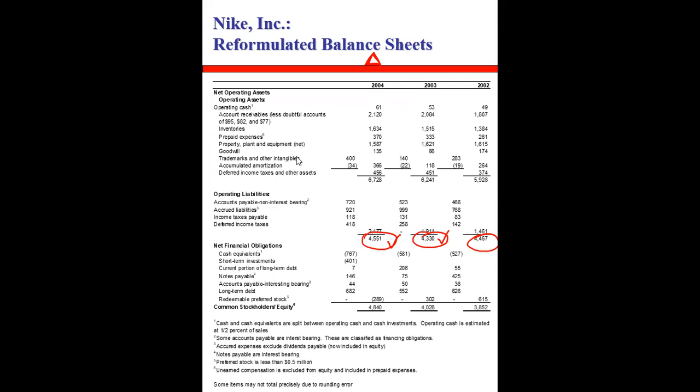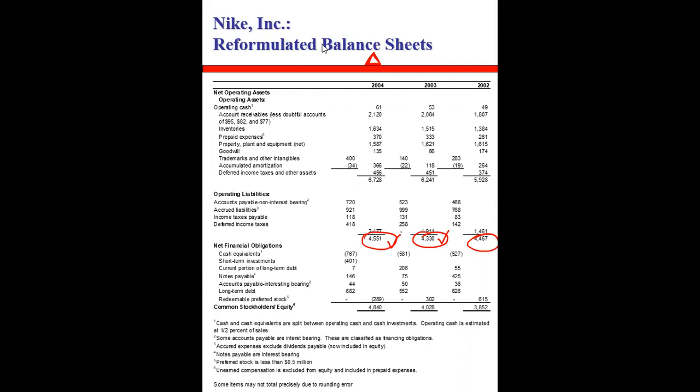So what does it mean? The change in net operating asset, what does it mean in very plain language? What did Nike do in 2004? Did Nike make additional investment in operating asset, or has Nike divested its investment in operating asset?